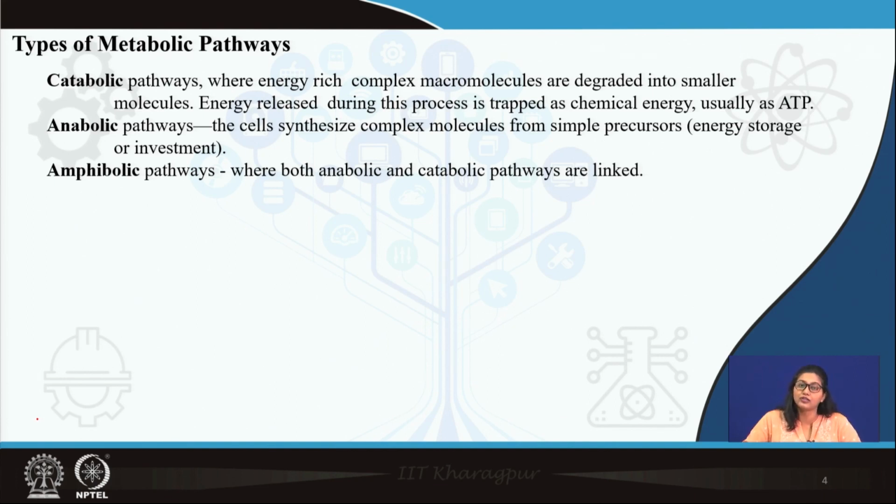Now anabolic pathways are basically utilization of those stored energy. So that is energy investment. So what happens is that in anabolic pathways cells synthesize molecules. So catabolic was degradation and anabolic is the biosynthesis where the stored energy is invested, or the energy can be stored in different biosynthetic molecules as well.